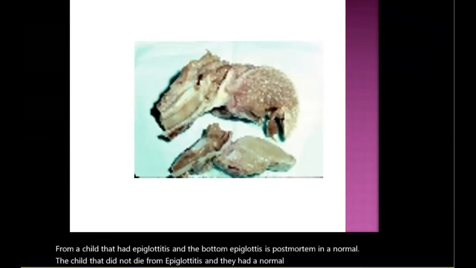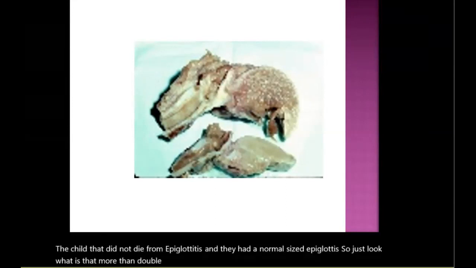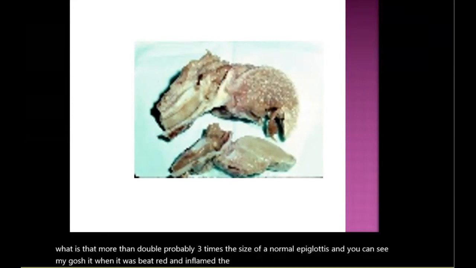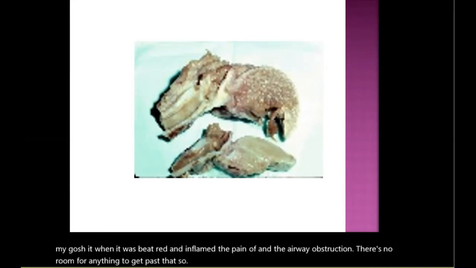So just look, what is that? More than double, probably 3 times the size of a normal epiglottis. And you can see, oh my gosh, when it was beet red and inflamed, the pain of that and the airway obstruction. There's no room for anything to get past that. So that's what we're dealing with.